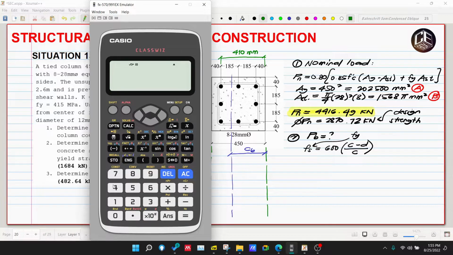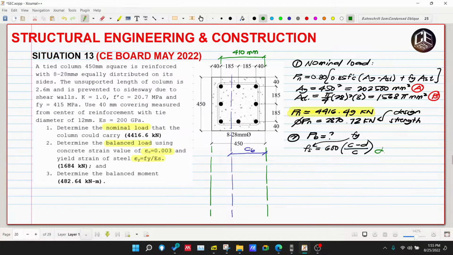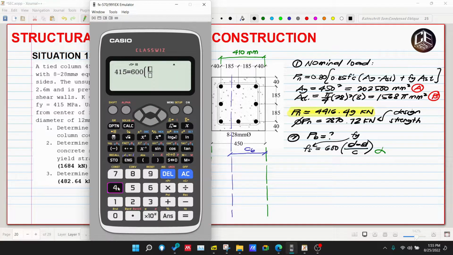So, 415 is equivalent to 600 multiplied by C. Then minus, wait lang, baliktad, no? Sorry, this is baliktad. Dapat ito ay D minus C. Ayan. So, D, 410 minus C over C.